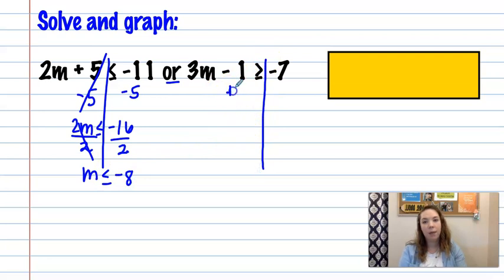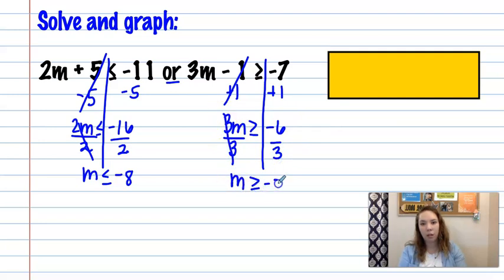Then here I'm going to add 1 to both sides. And divide by 3 on both sides. So this says that we can have anything smaller than -8 and anything bigger than -2, but that range in between -2 and -8 are not solutions. What's in the middle of them?